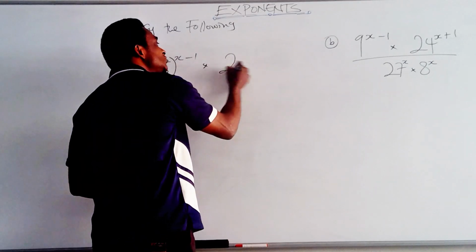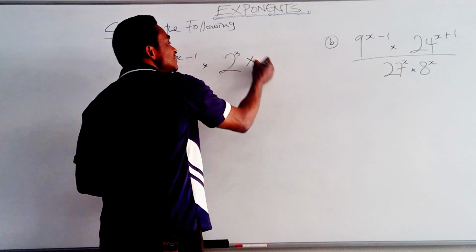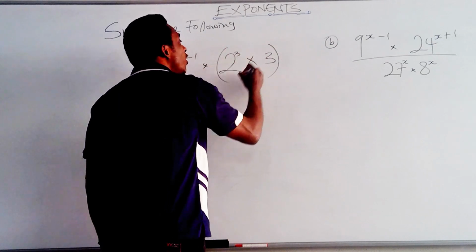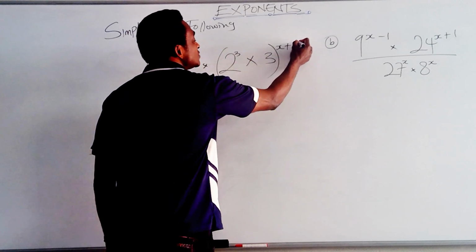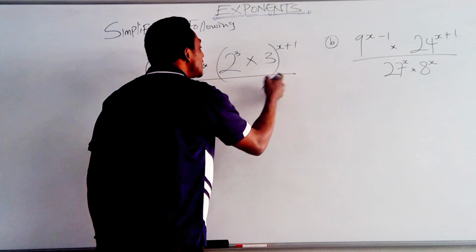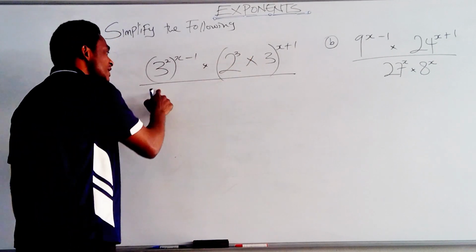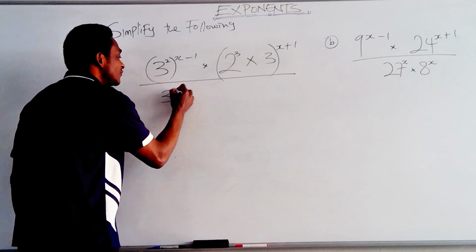And 8 is actually 2 to the power of 3, so 2^3 times 3 gives us 24, all to the power of x plus 1. Now, because I'm working with the base of 2 and 3, I will stick to that. Here, 27 is 3 to the power of 3.